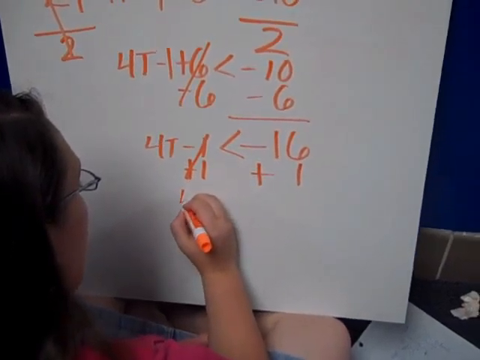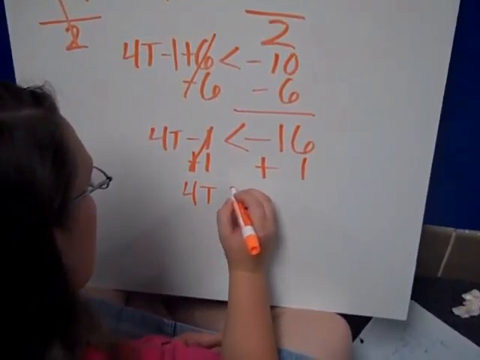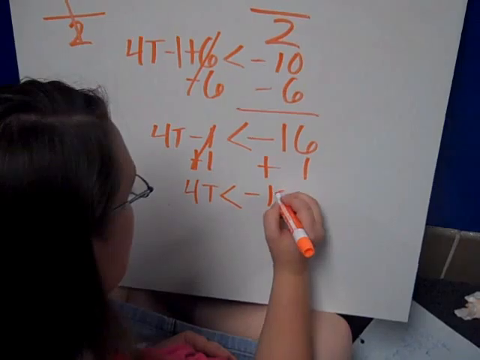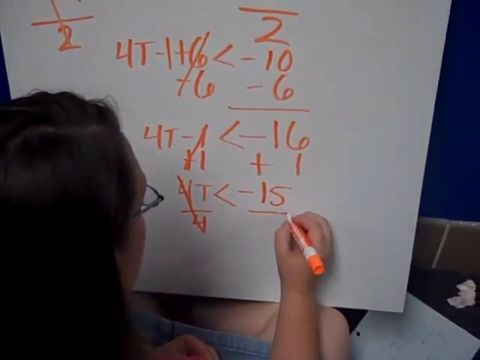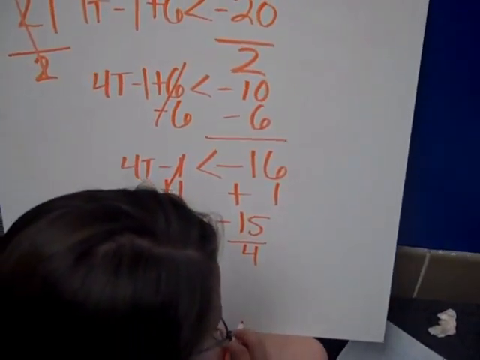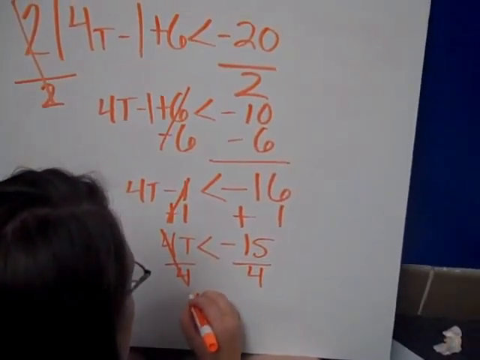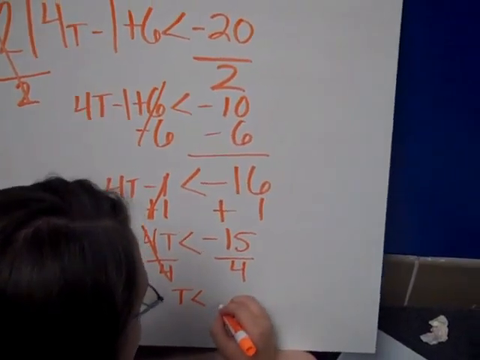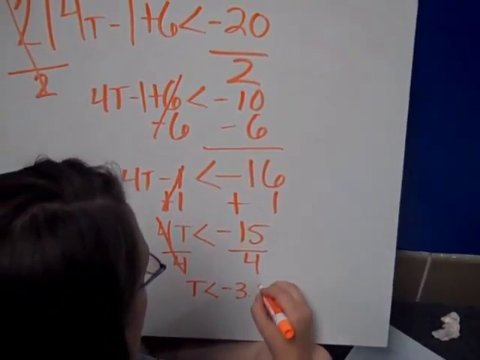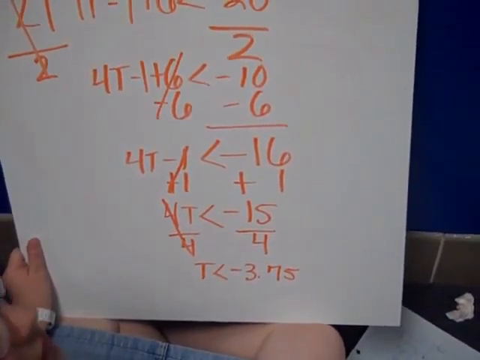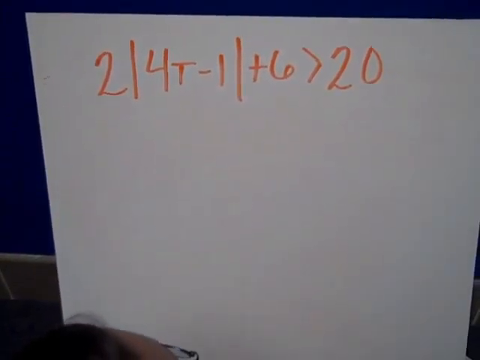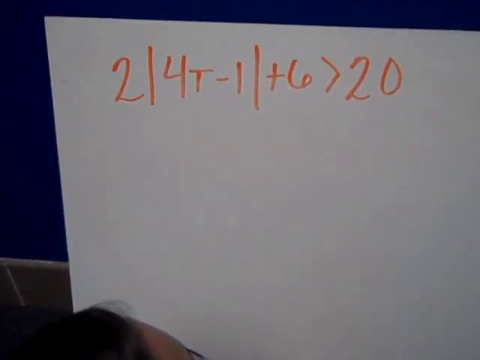Divide by 4 on both sides. And t is less than negative 3.75. Okay, so to be able to graph this, you need to figure out which type of problem it is.